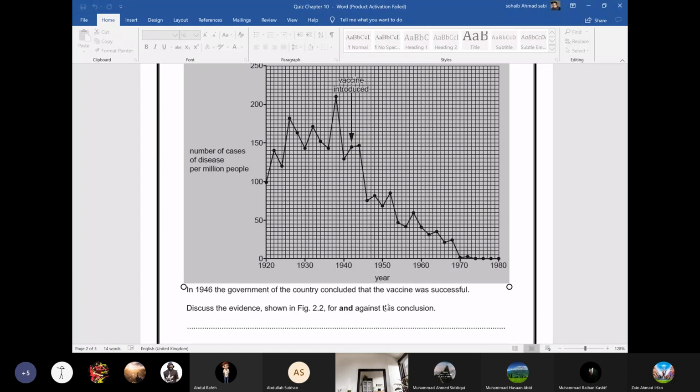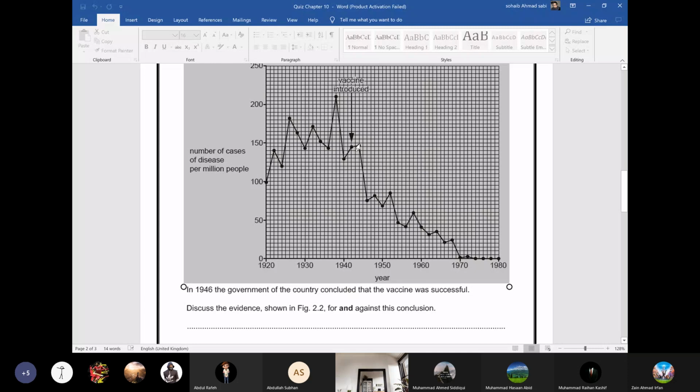Okay, boys. Now listen. First point in favor. Look here. Before vaccination was given, the number of cases was 220 million. Do you see that? But after the introduction of the vaccine, the number of cases decreased to only 148 million.